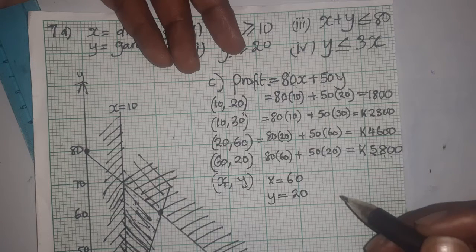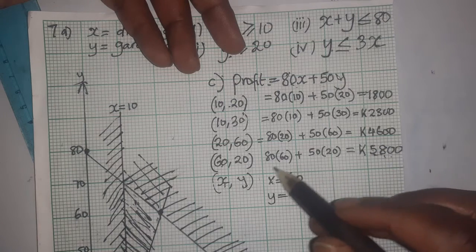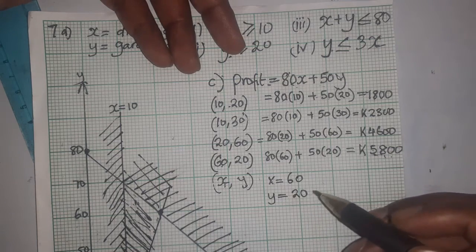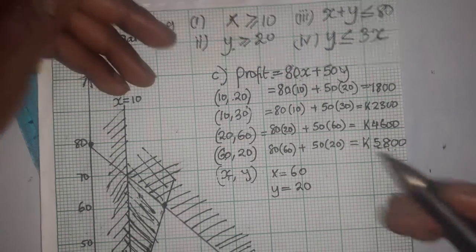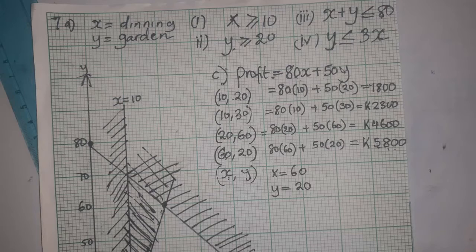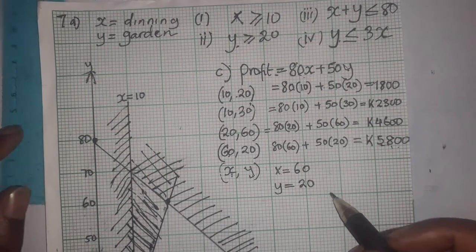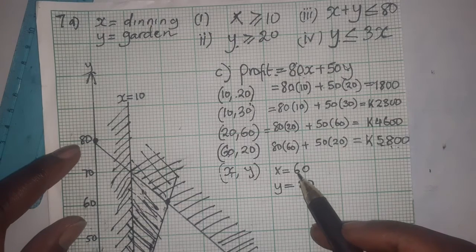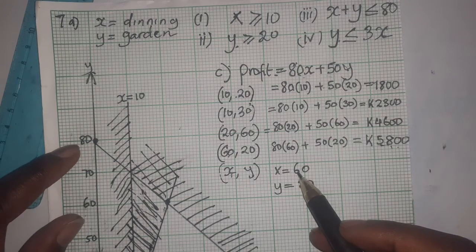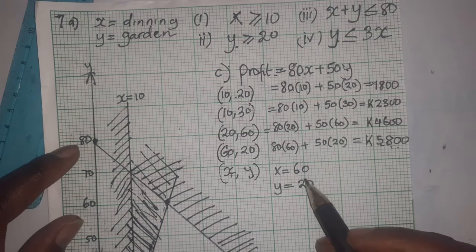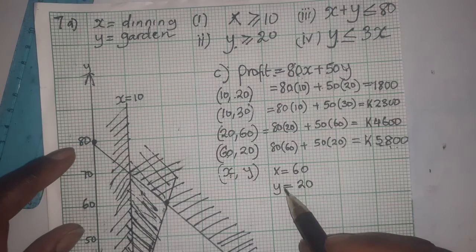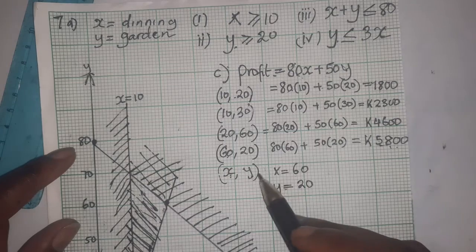So what does this mean? It means in order for Mr. Mipando to maximize or to make maximum profit, he must make 60 dining chairs and 20 garden chairs.